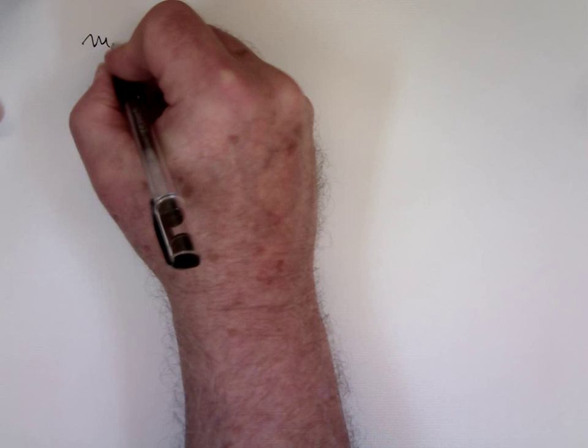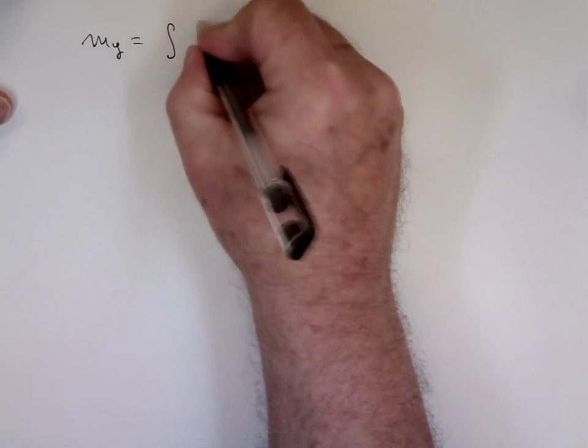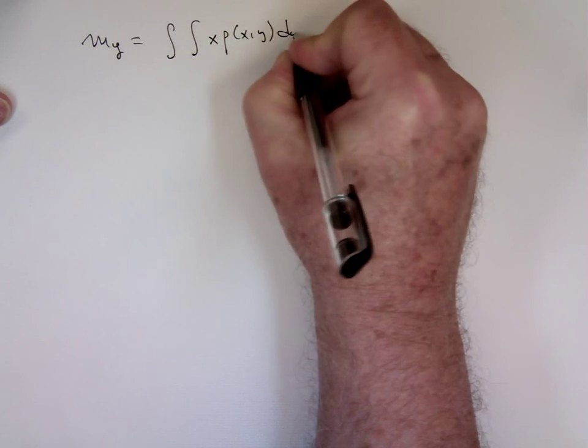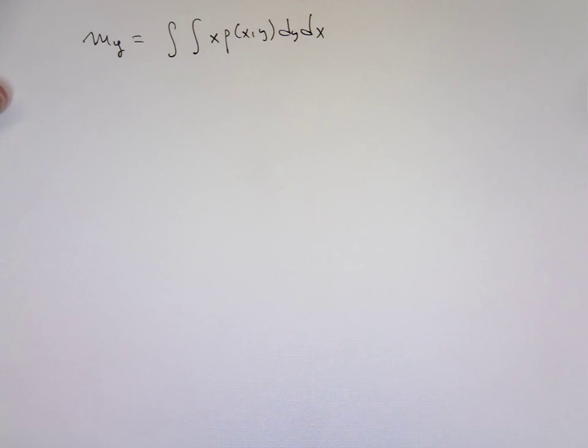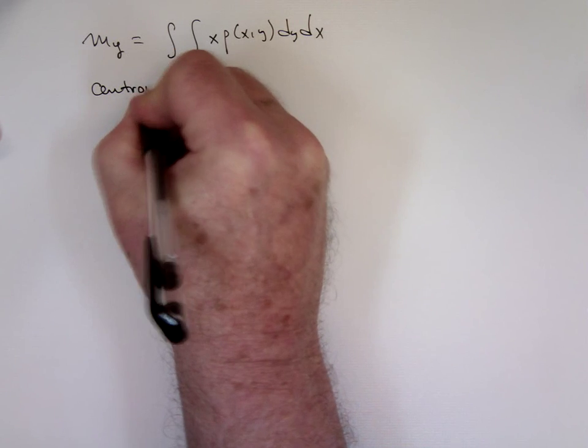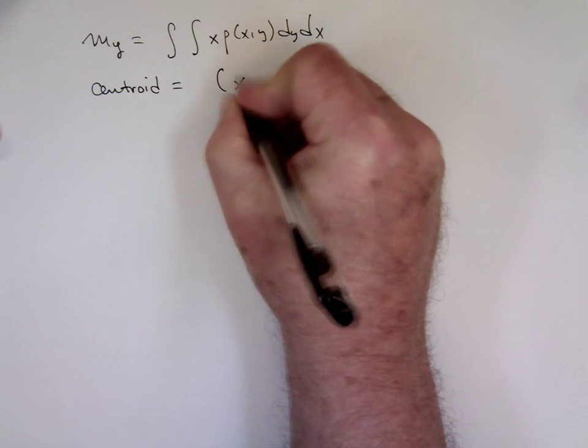All right, the moment from the y-axis is exactly the same thing except for our distance, which is x. Okay. Now, what is a centroid? It's an average moment. The centroid, X bar, Y bar.